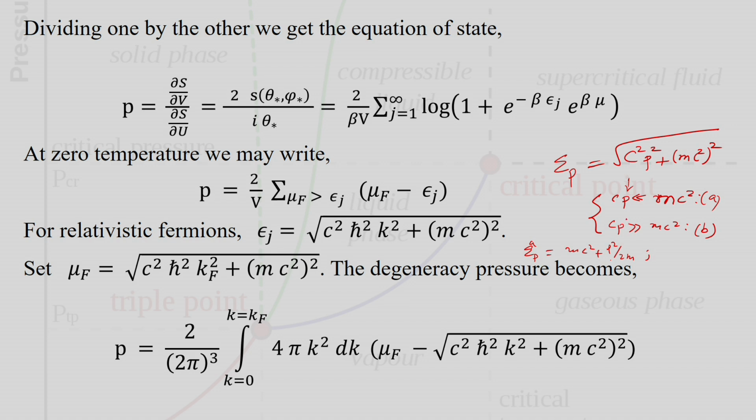However, in the ultra relativistic limit, where momentum is much greater than mc, the energy is going to be roughly cp. So actually we should be studying both, but I am going to focus mainly on this. So this is the ultra relativistic limit. But regardless, I have done it in general.